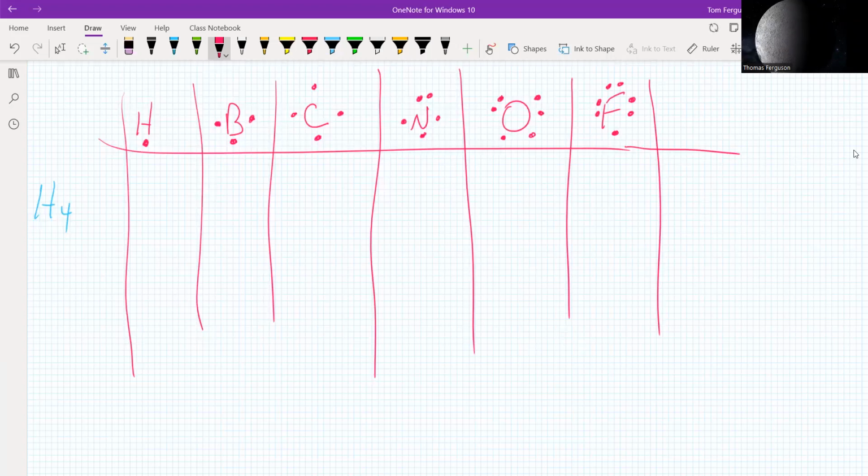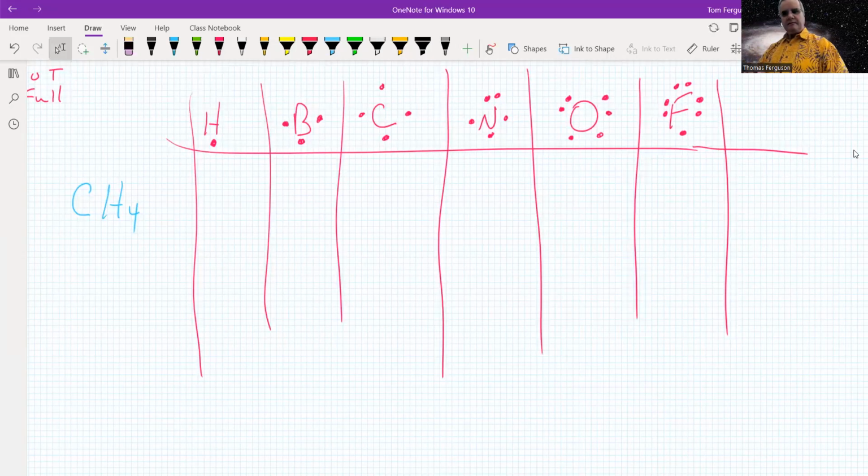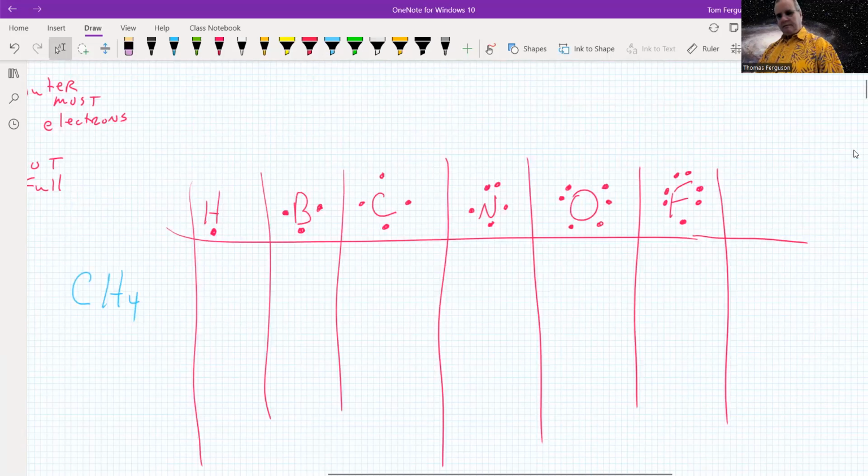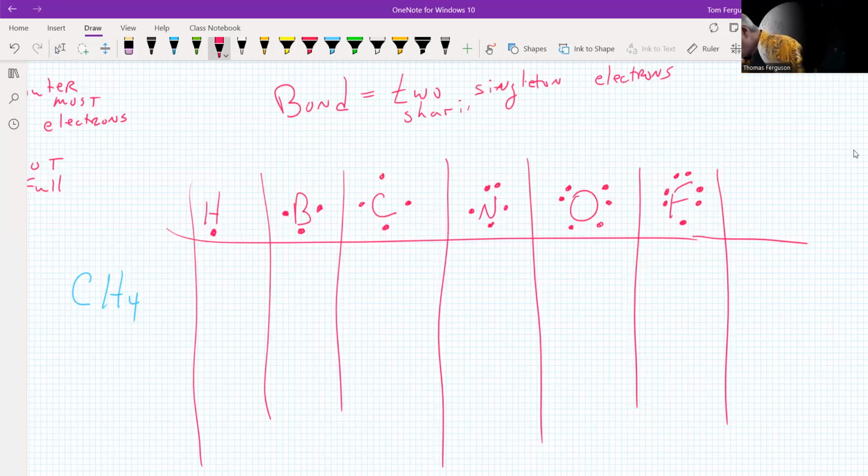Okay, so we need to define a bond. Okay, there's 2 main types of bonds we're going to cover in this class: ionic bonds and covalent bonds.